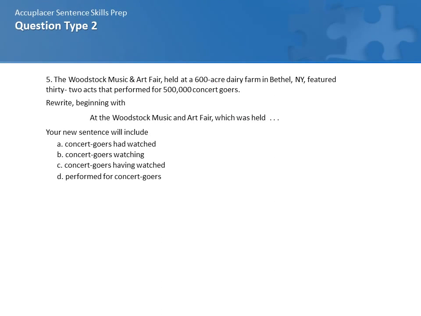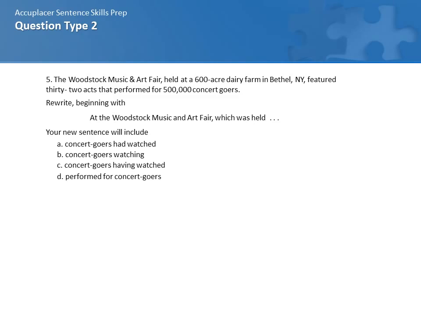Here's question 5. The Woodstock Music and Art Fair, held at a 600-acre dairy farm in Bethel, New York, featured 32 acts that performed for 500,000 concert-goers. And we're asked to rewrite the sentence beginning with the words, at the Woodstock Music and Art Fair, which was held.